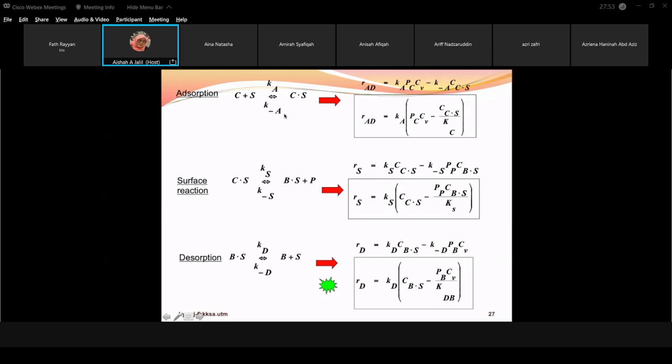This is the adsorption, so you have to write it like this: PC, CV, because of the vacant site, C vacant, minus C·S, and then like this. Just go with the rate law for a reversible reaction.